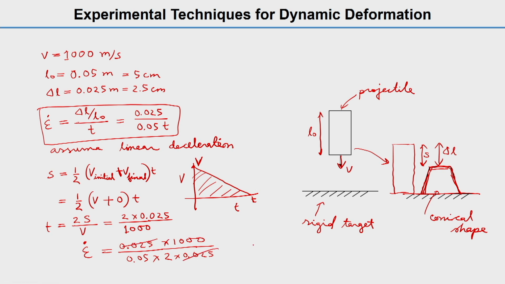So this will cancel out, and that will give us 10 to the power 4 per second. So our strain rate in this case is 10 to the power 4 per second. So this is the second example we did for strain rate calculations. So we can do one more.